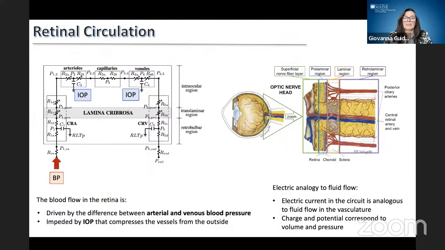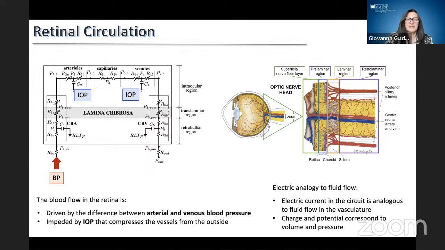So here you see on the left an electrical circuit, and yet I am telling you that this is a model for the retinal circulation. And so that is one of the other wonders of mathematics. So basically the capability of taking models that are used to describe the flow of an electrical current in a network to actually describe the flow of a fluid in the vasculature.